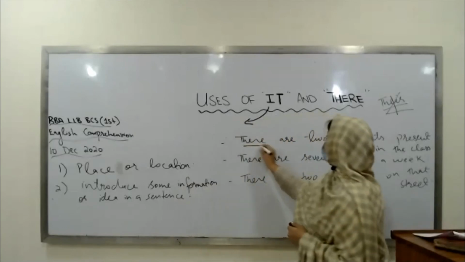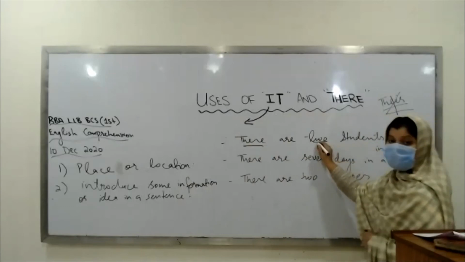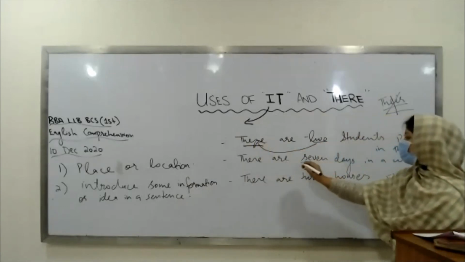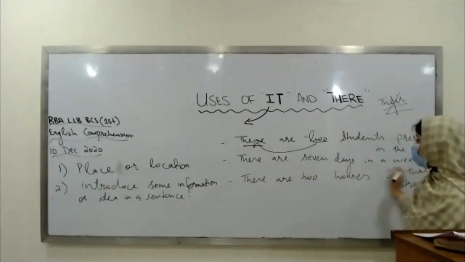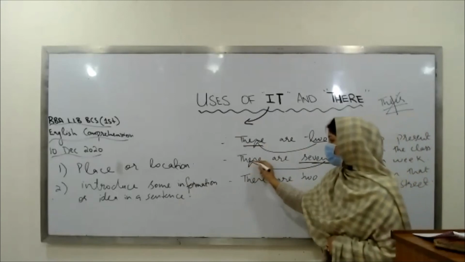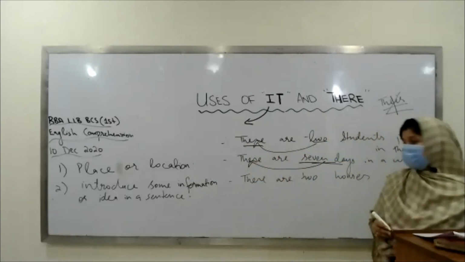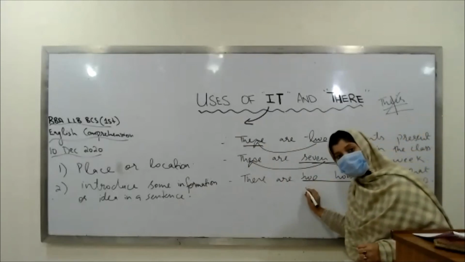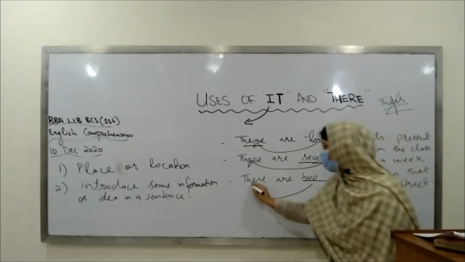Now here there are 2 students, and this 2 is actually used with the help of there. Next is what? There are 7 days in a week. So 7 days are actually used and represented with the help of there. They have been introduced with the help of there. There are 2 houses on the street. So these 2 houses have been introduced with the help of there.